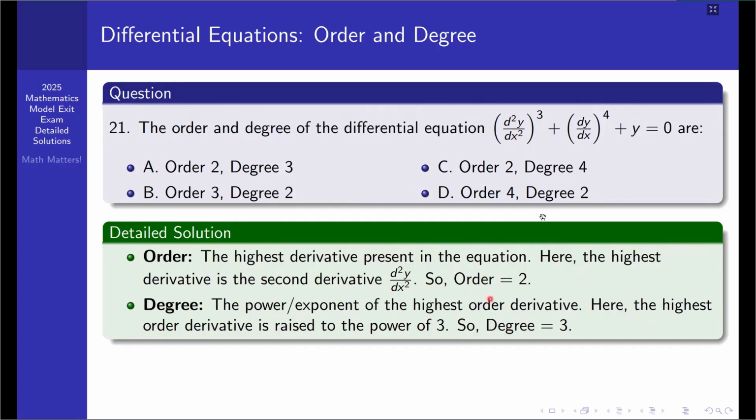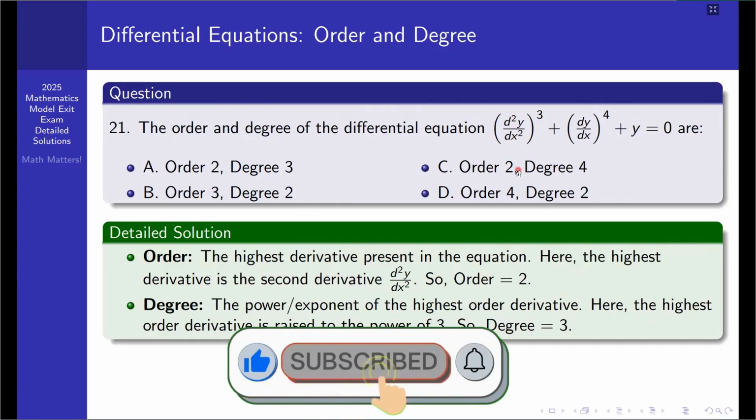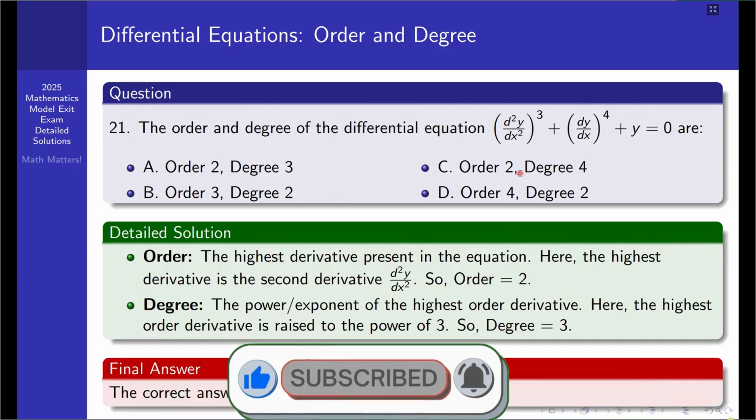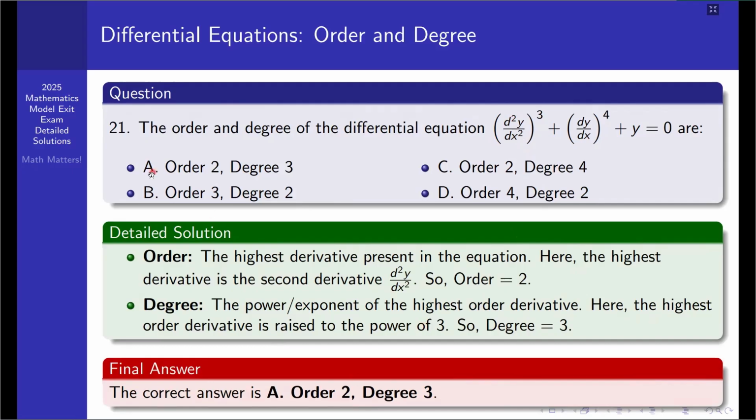Therefore, the degree of this differential equation is 3, and the order is 2. Therefore, this combination is contained in the first alternative, that is A. So the order and degree of this differential equation are 2 and 3.